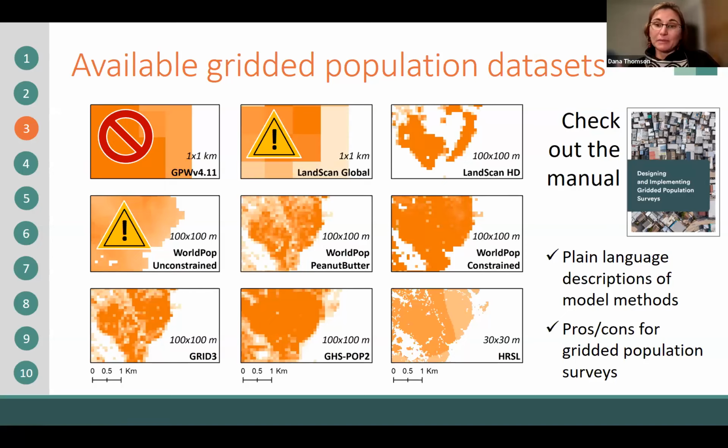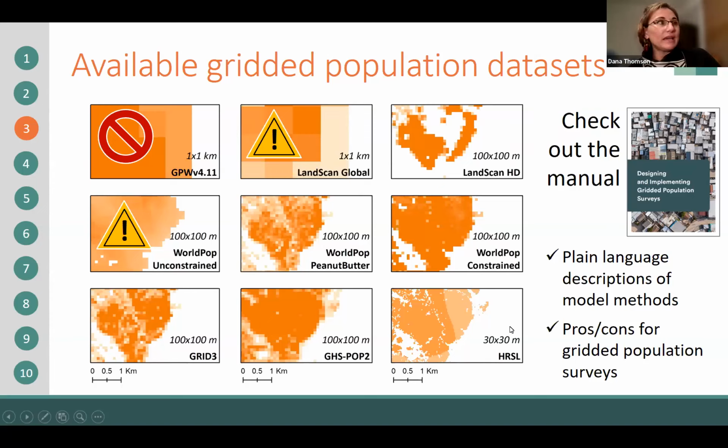So in the manual, I spend a lot of time in plain language describing the methodologies behind these different gridded population data sets and then make a recommendation for different types of settings. I would just recommend checking that out directly, but the overall message is less accurate top left, more accurate bottom right.